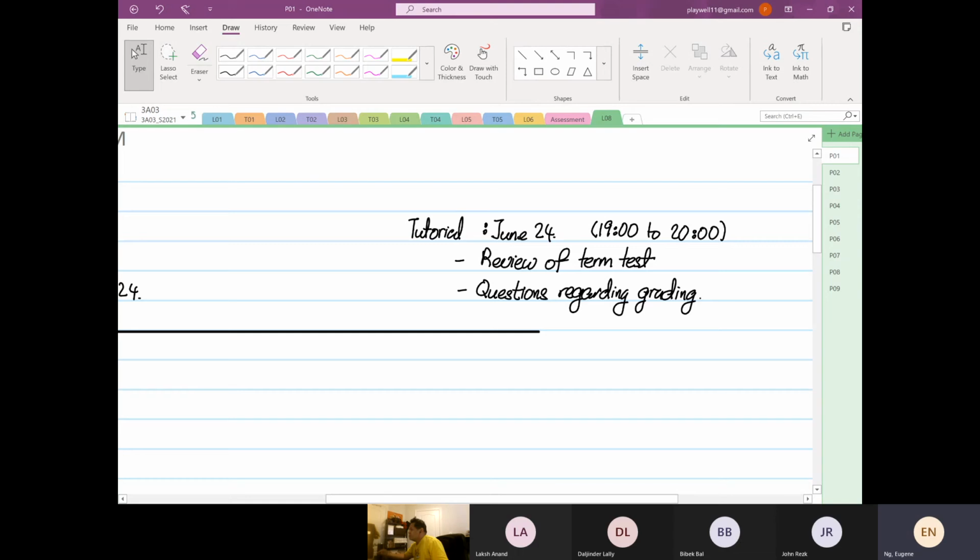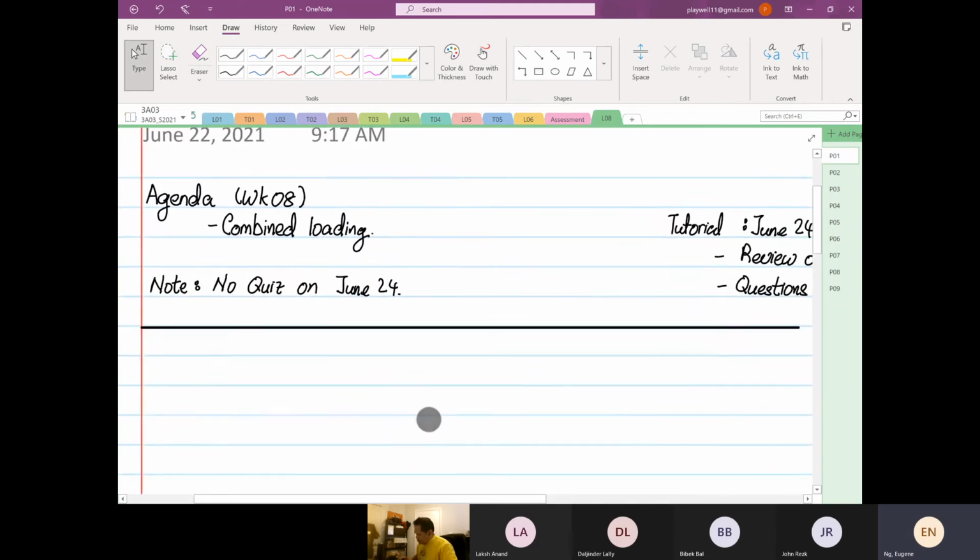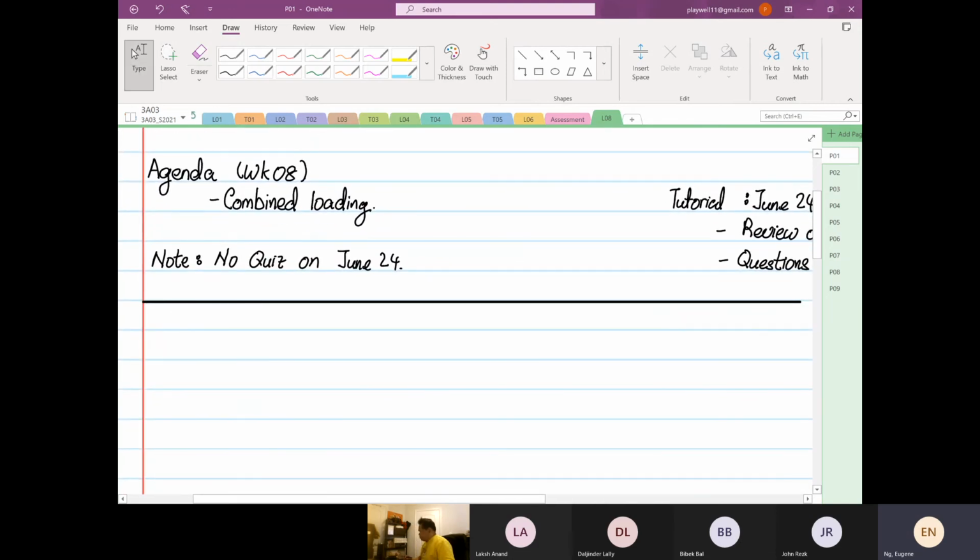Okay, so today we are going to go into combined loading. This is real 3D loading of a structure now. This is one key objective of this course.